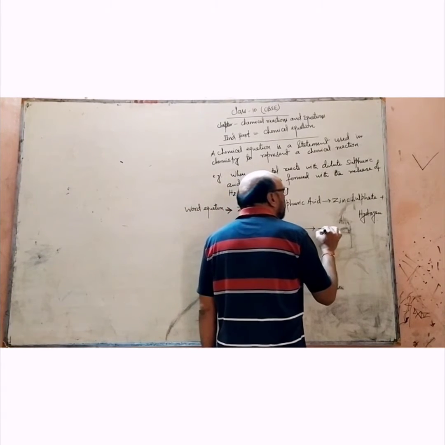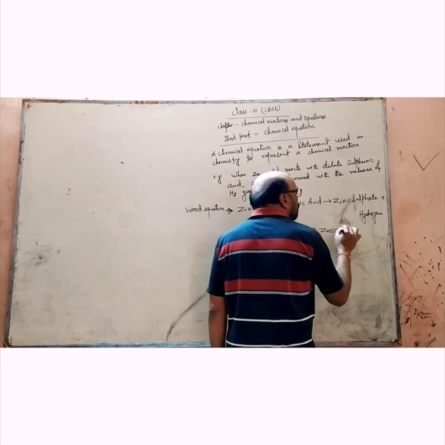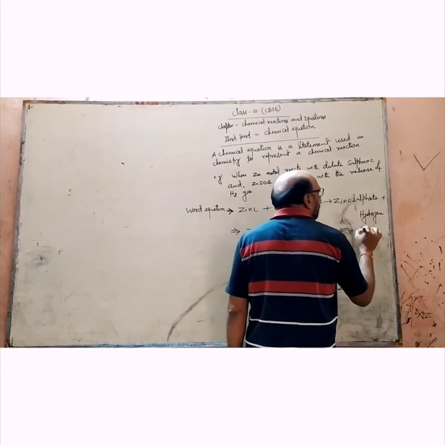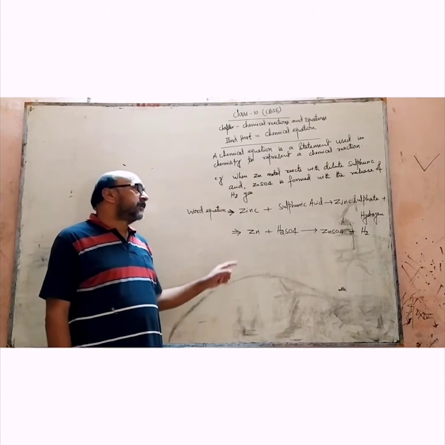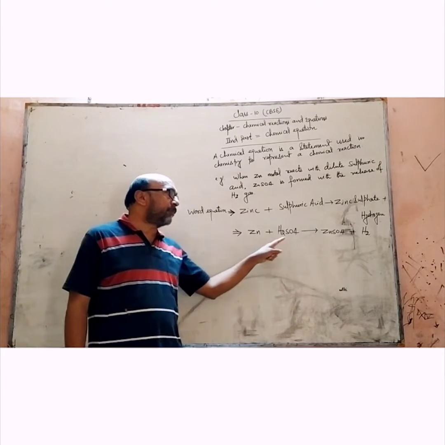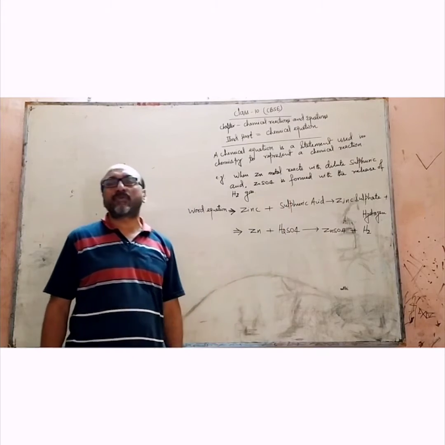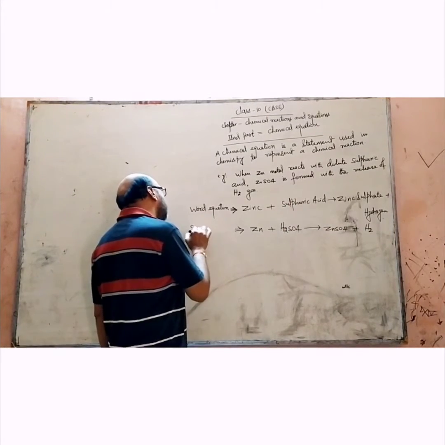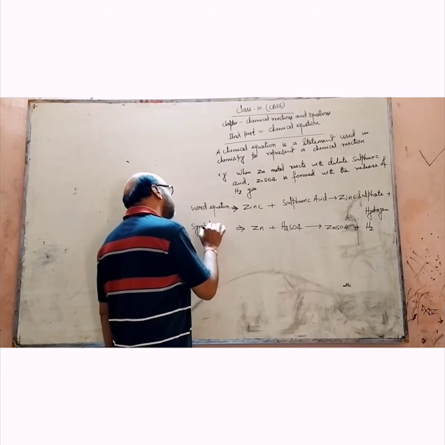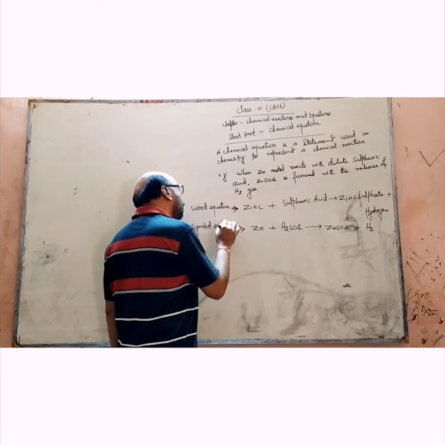For zinc sulfate we can write ZnSO4, and for hydrogen we can write H2. So this kind of representation of a chemical change is called symbol equation. This is symbol equation.